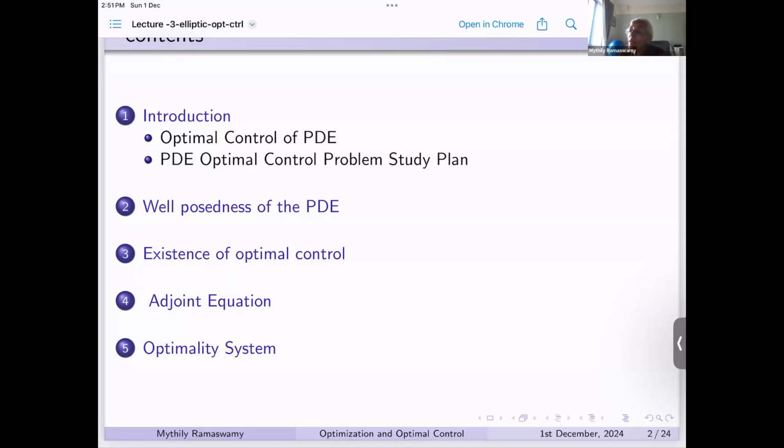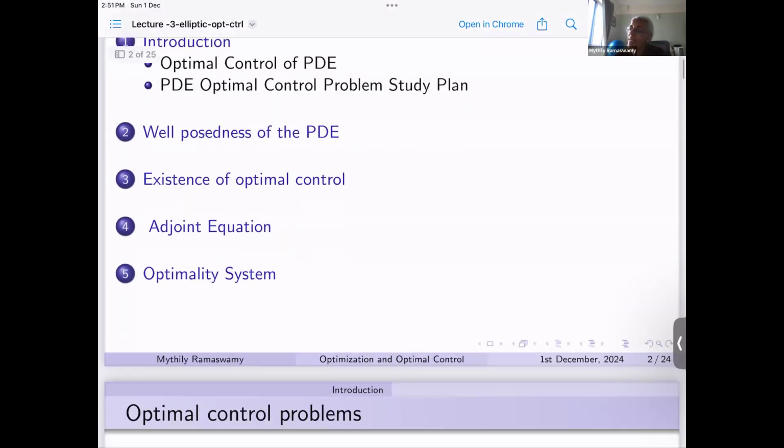And here also there will be the notion of adjoint equation, and that will be the adjoint to the original PDE, and we can write down the optimality system. So you see the structure is very similar to what we did in the earlier cases, particularly in the optimal control of ODE. So it will be a similar structure, but with more technical details.